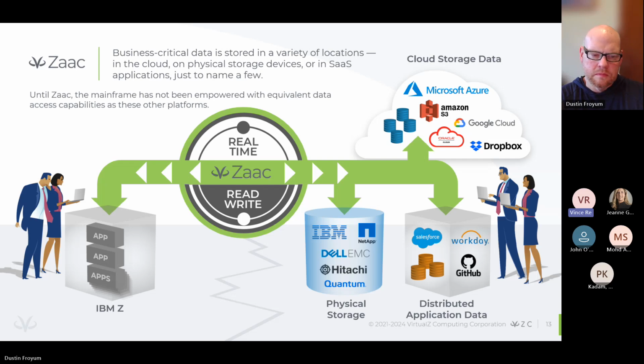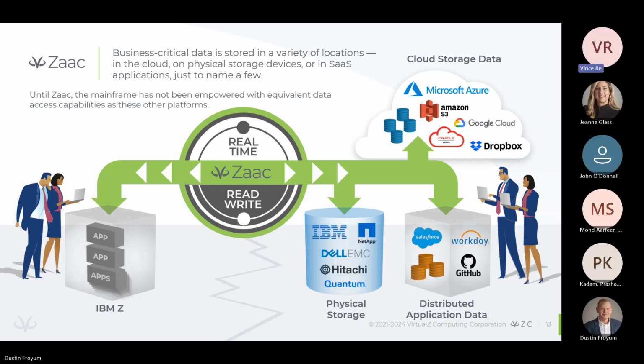And those virtual tape or disks correspond to resources that are actually in the cloud. So I can take some Amazon S3, Microsoft Azure, Google Cloud, whoever my favorite cloud provider is, I can take their storage and make it look and behave exactly like any other mainframe storage.